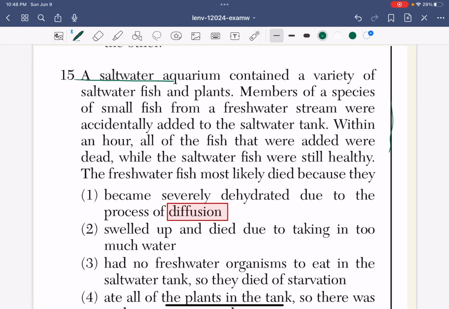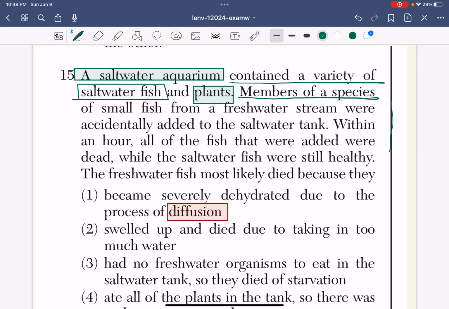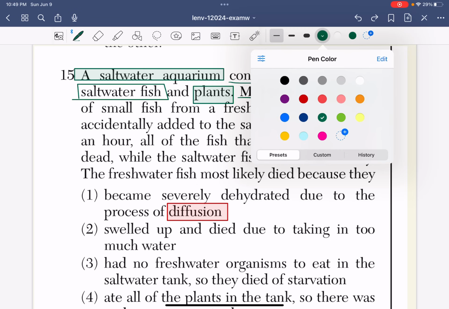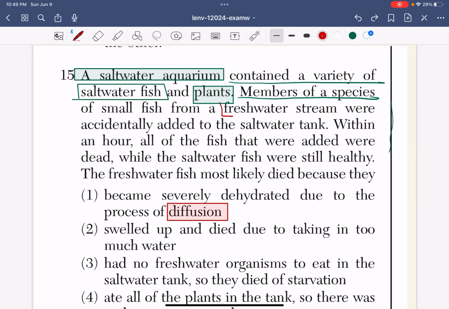A saltwater aquarium. So I'm going to highlight saltwater aquarium. Contained a variety of saltwater fish. Okay, saltwater fish. Got it. And plants. Okay, so there are also saltwater plants there too. Members of a species of small fish from a freshwater stream. Actually, let me change this color because there are 2 different things going on here. Freshwater stream.